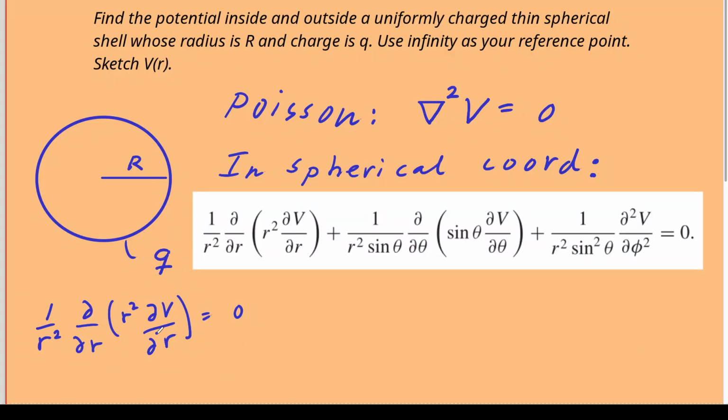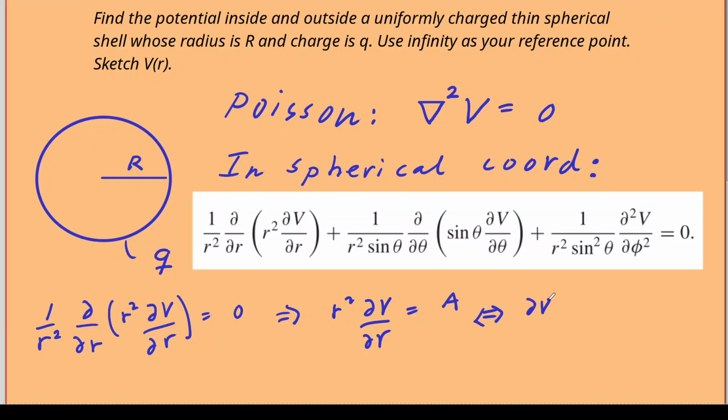But if that is 0, whatever is inside here must be a constant, right? So r squared dV/dr is a constant. Call it a. And this is equivalent to this: dV/dr equals a divided by r squared.